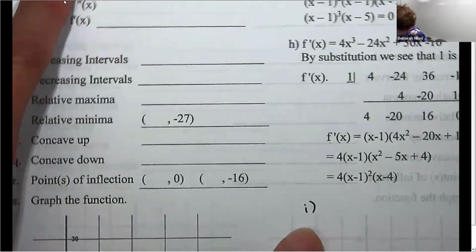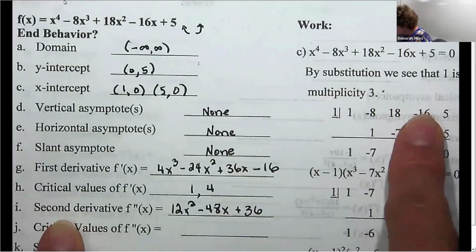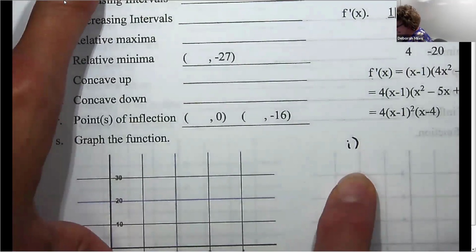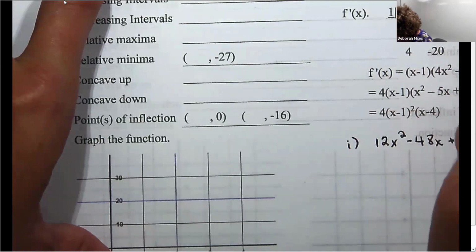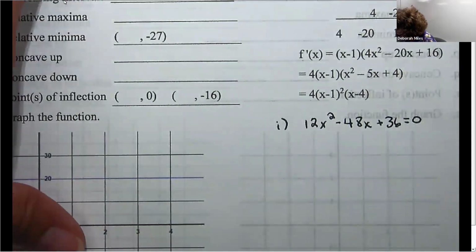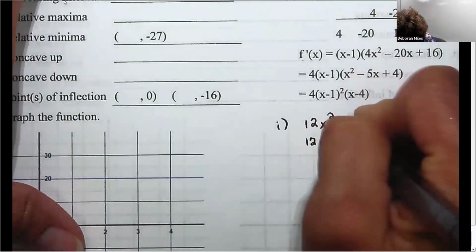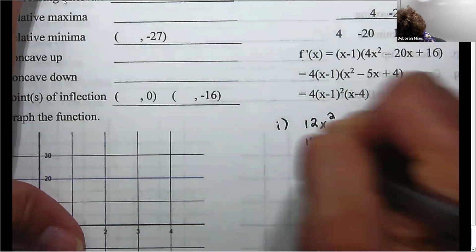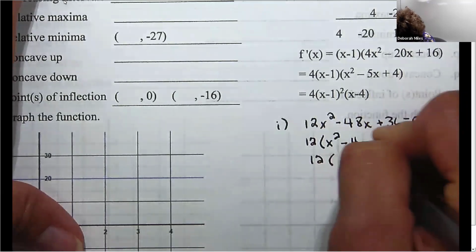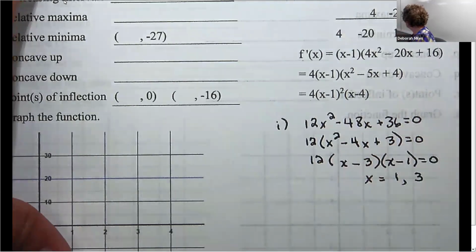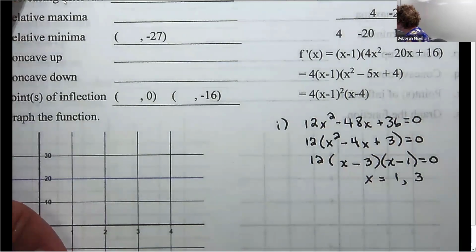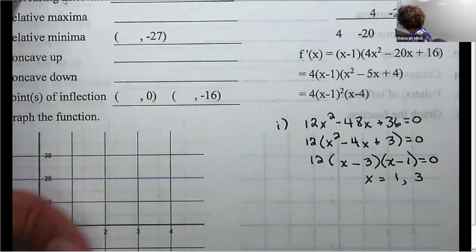When you need to do work on some part, I want you just to come out to the side, label, hey, here's my work on part C, here's my work on part H, here's my work on part I. When I set 12x squared minus 48x plus 36 equal to 0, as critical numbers for the second derivative, I got 1 and 3.